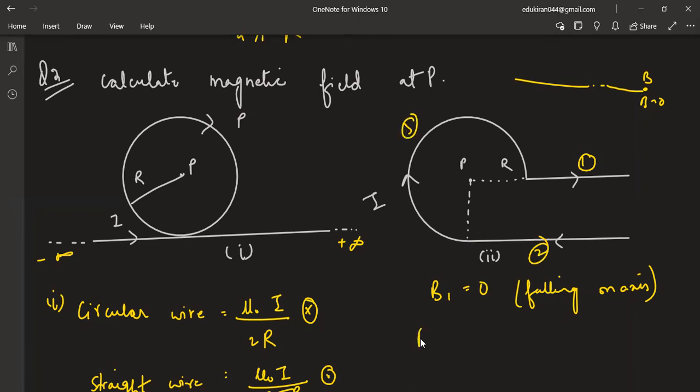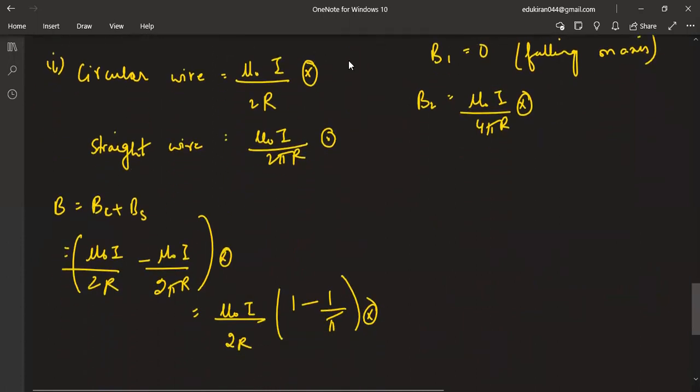If you find B2, that is due to the straight wire, this is mu naught I by 4 pi r, and this is going to be inwards only. If you curl your fingers, you will get it inwards. Now the curved part is left, B3.